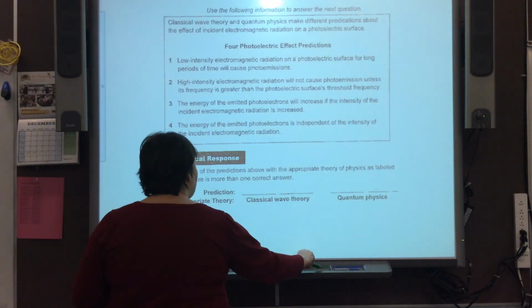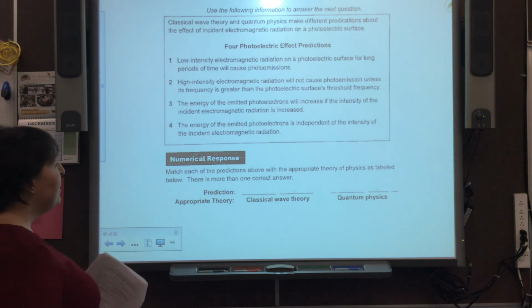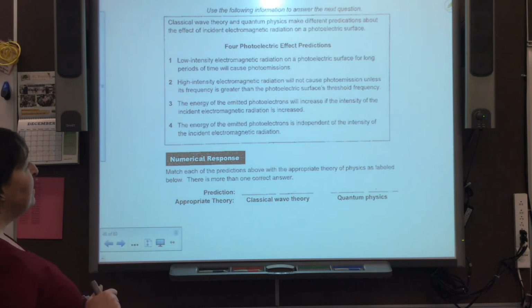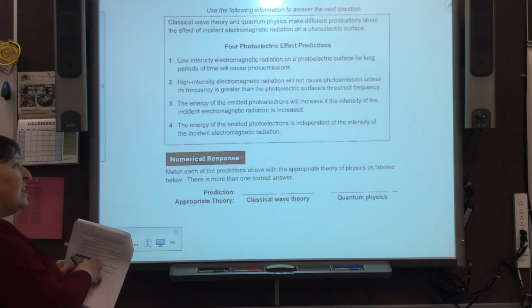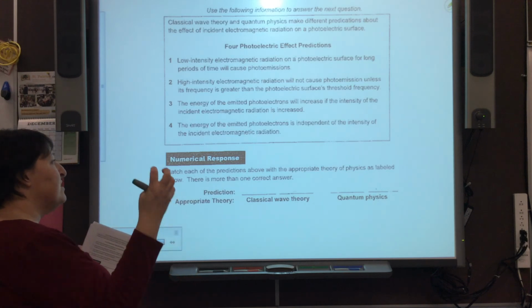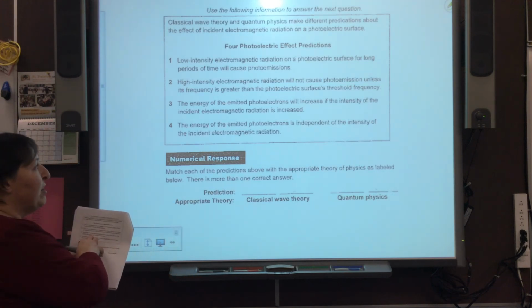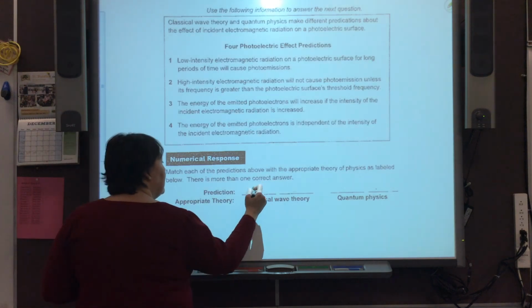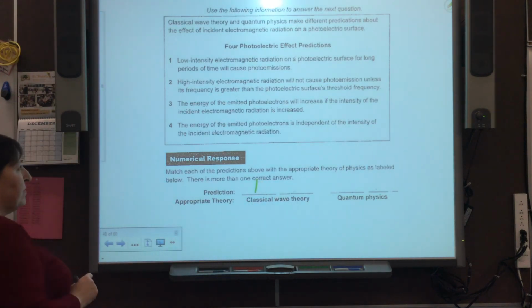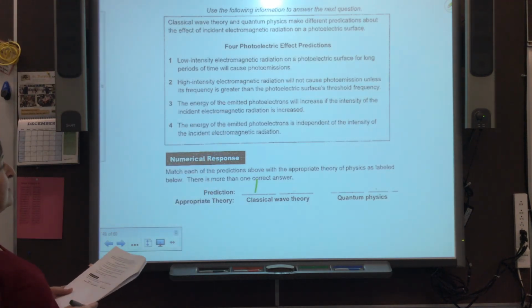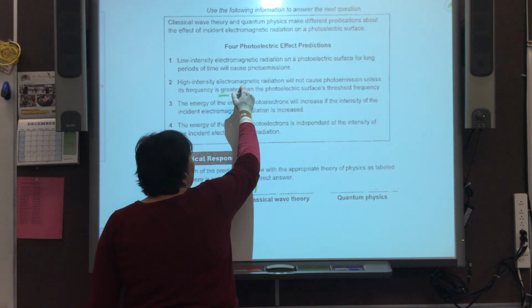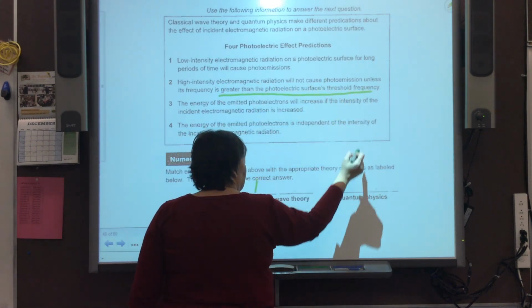So here we go. When we're looking at this classical wave theory, if we look at the first one, low intensity on a photoelectric surface for long periods of time. This is not quantum physics, because the definition that we just looked at was that it's either going to hit it and the electrons are going to bounce off, or the photons are going to hit the surface at not the right frequency and the electrons won't be released. So one is classical wave theory. 2, high intensity electromagnetic radiation will not cause photoemissions unless its frequency is greater than the threshold frequency.